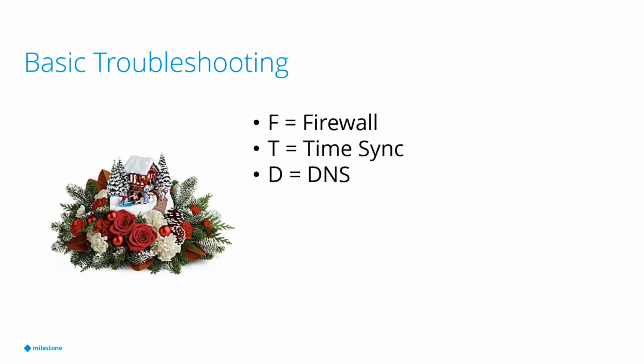And then the last is DNS. I see this most commonly on the client. You're able to log into the client, but you're not able to see any video. This is generally DNS between the client and the recording servers not being able to resolve. So try pinging the recording servers or the management servers by name rather than IP.